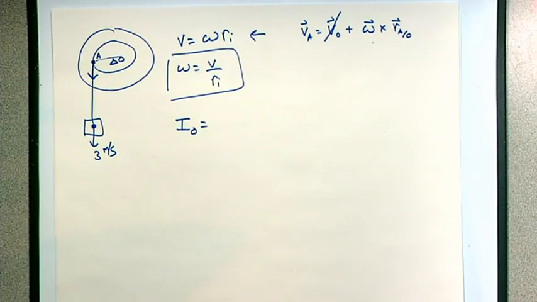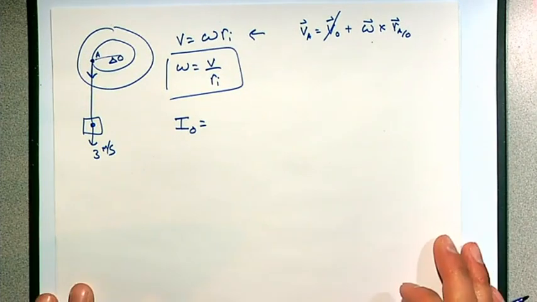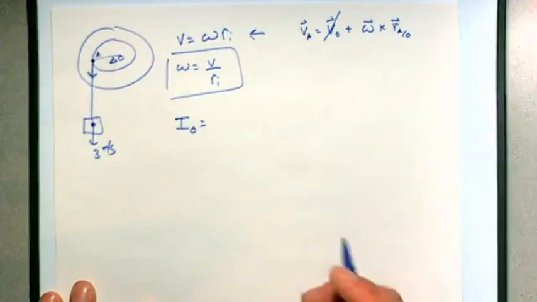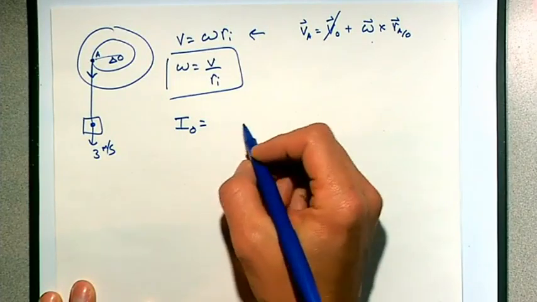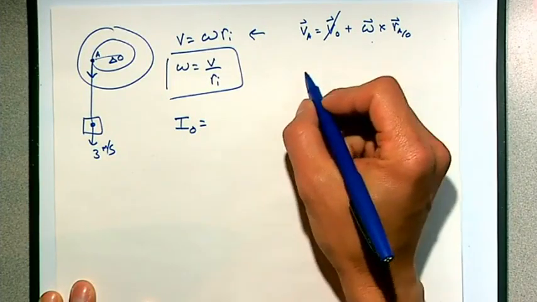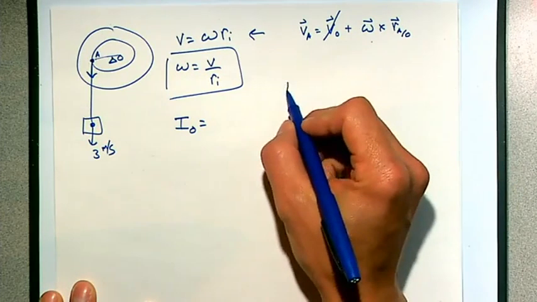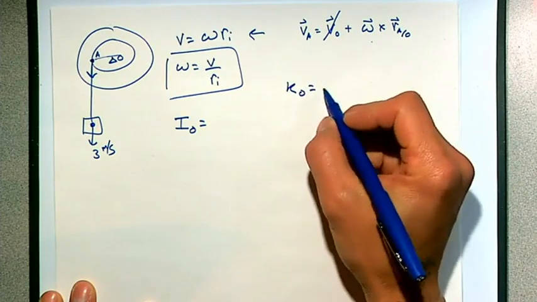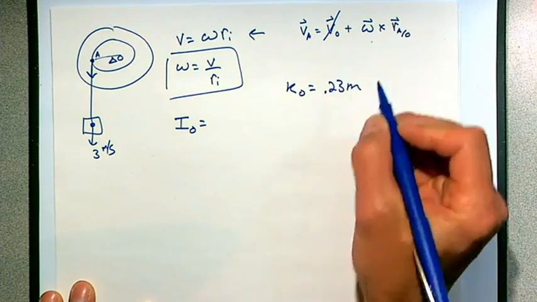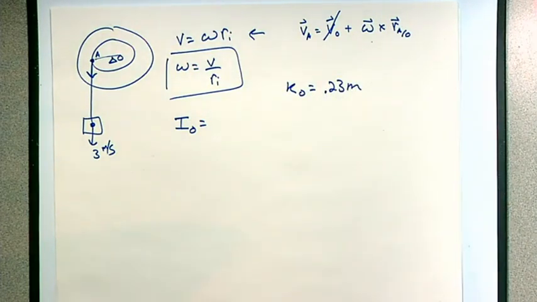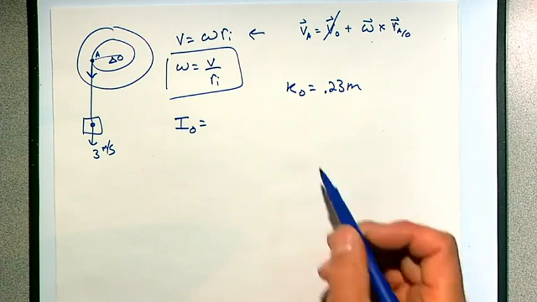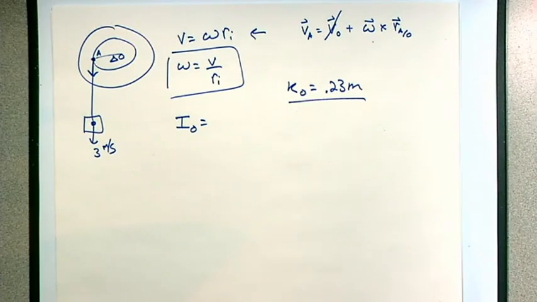My moment of inertia about point O. I've got the radius of gyration given in the problem statement. And to use that, we're given that K sub O is 0.23 meters. So given a radius of gyration, maybe you don't have a regular shape. Maybe this is a drum with some wire wrapped around it. So instead of trying to figure out the composite system of all these different pieces added together, maybe the problem statement will give you a radius of gyration.